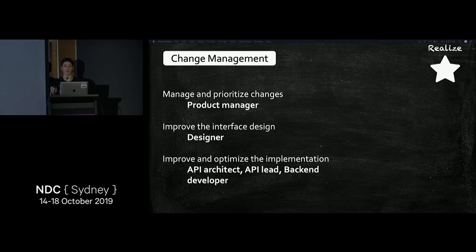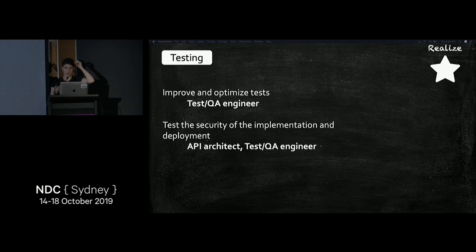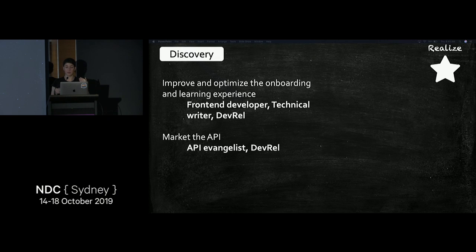So all hands-on implementation and design are here in the change management. And the architect, because of the security aspects, is really important. As I said, you want to be available, but just for good users, right? And the testing, again, improvement, testing the security of that. Just again, being available. So that's why you do testing and discovery.